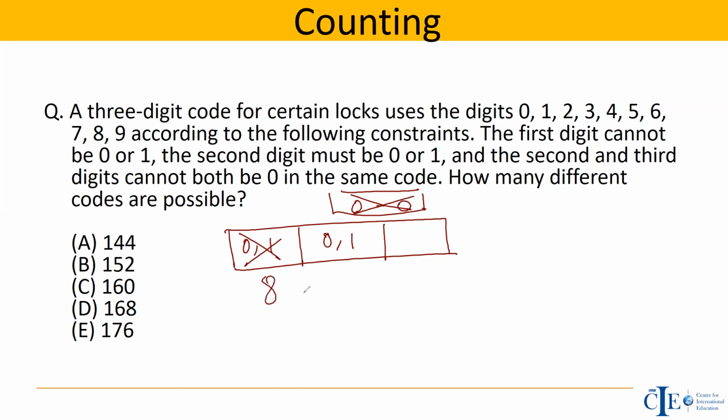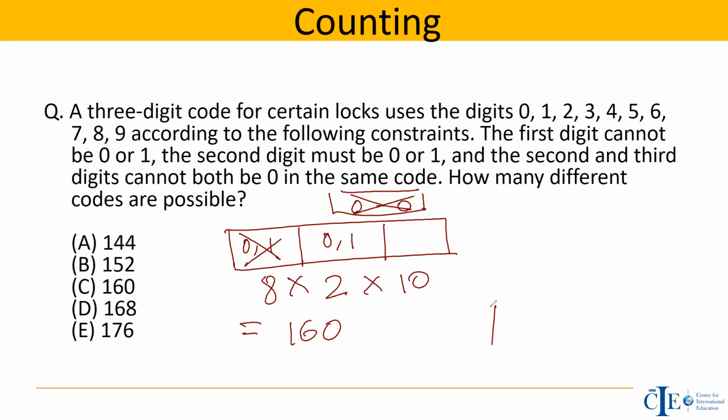There are only 2 possibilities here, and then I can have anything here, let's say 10, right? So therefore I'll have 8 into 2, 16 into 10, 160 cases, where I also included the possibility of the last two being 0 each, right? Now I'll just subtract this out.